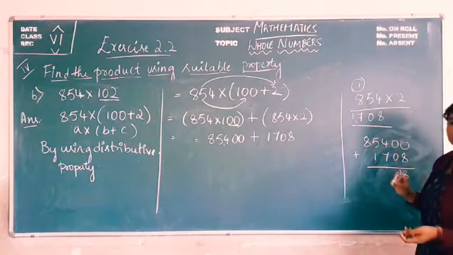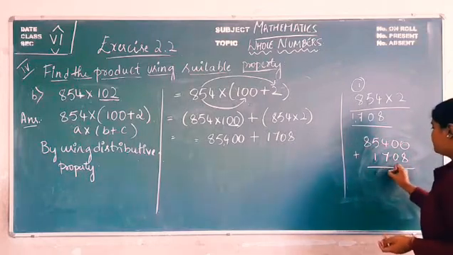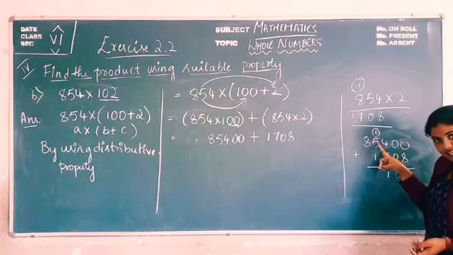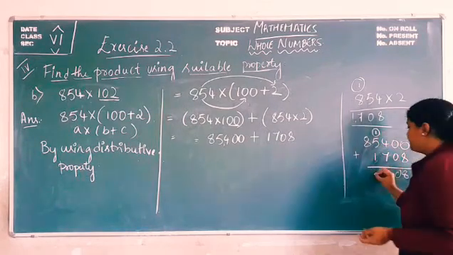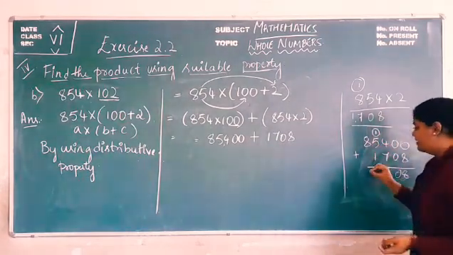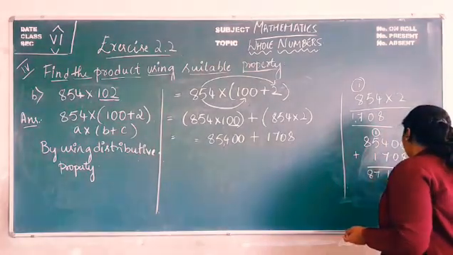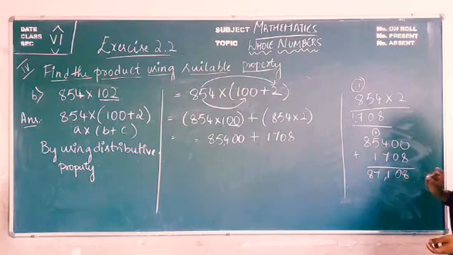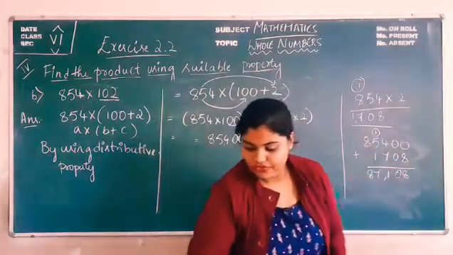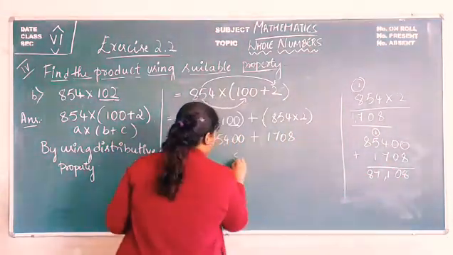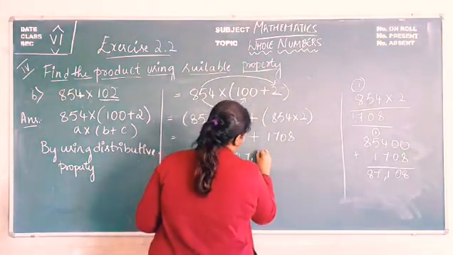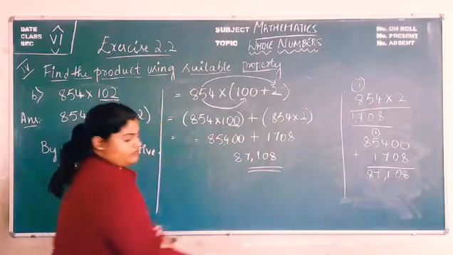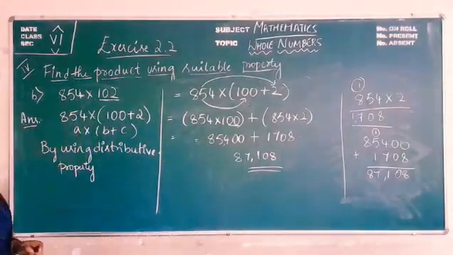Then 4 plus 7, 11. So 1, 1 carry. Then 1 plus 5, 6. 6 plus 1, 7. Then 8. So we got 87,108. So the final value is 87,108. Now let's see the third sum.